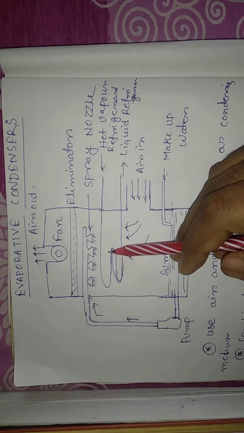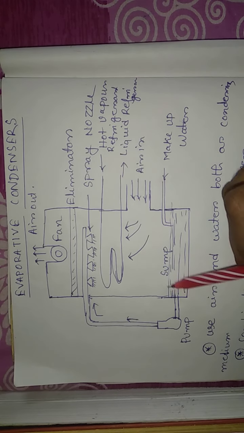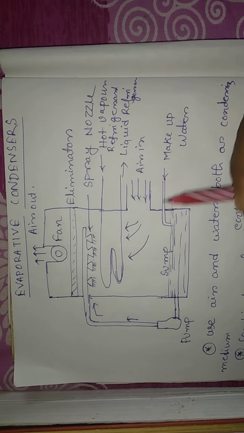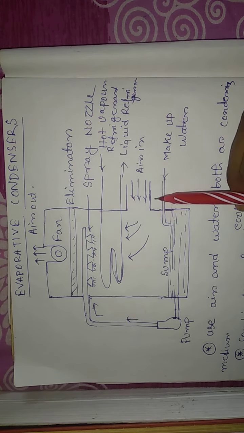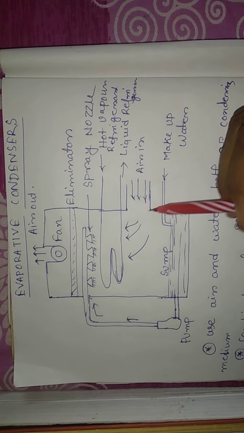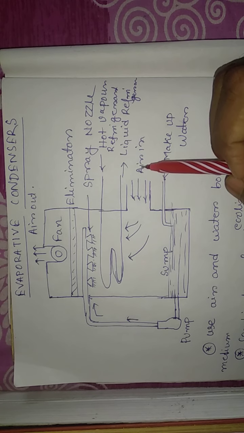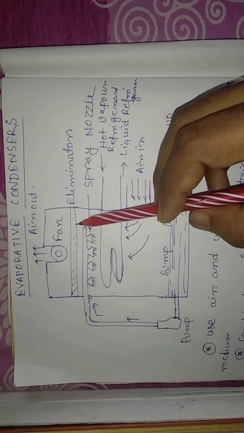This is the condenser coil, and this is the sump where the water is reserved. This is the connection pipe through which water is supplied. This is the portion where air is sucked in from the atmosphere, this is the fan, and this is the eliminator.